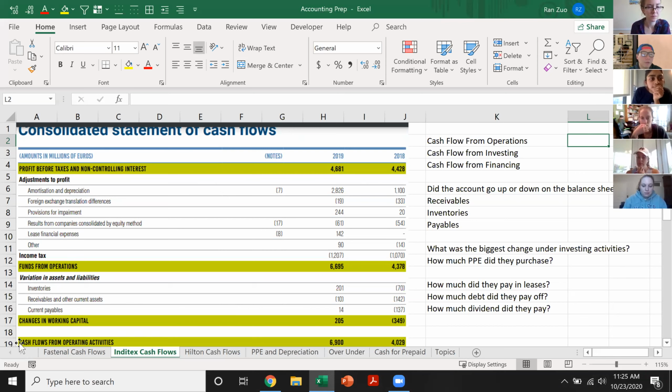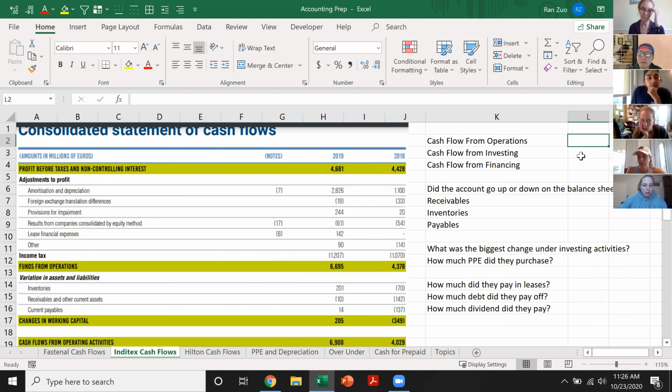So it's important to look at the exact titles and the labels. All right, does that make sense? Good. Even though it's IFRS, the accounting principles still apply.